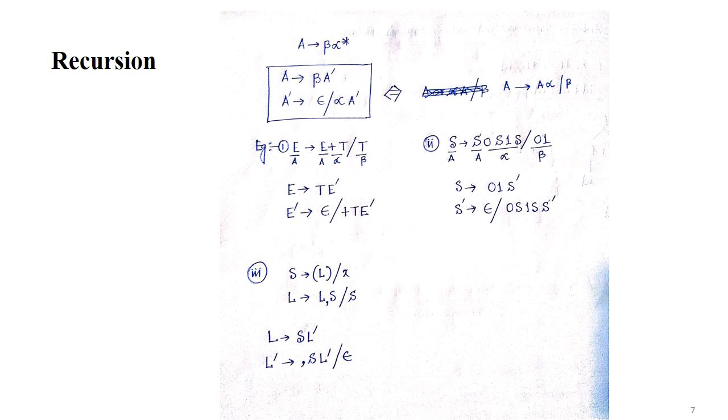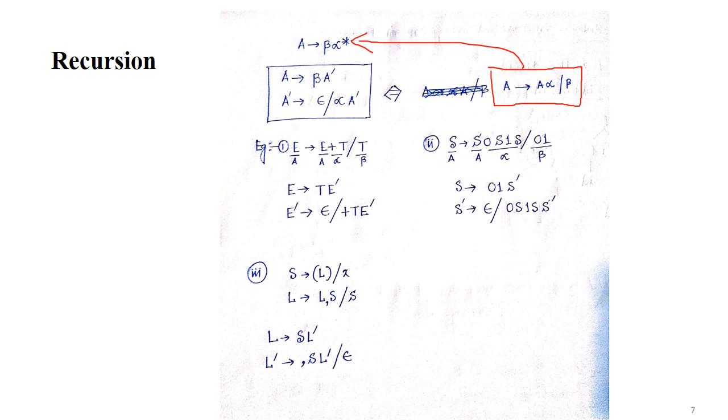Now the question comes, how to remove left recursion from a given grammar. If I consider the earlier example, or you can say the earlier grammar, that is A equal to A alpha then beta, then we are able to generate this, my generalized output, alpha beta star.